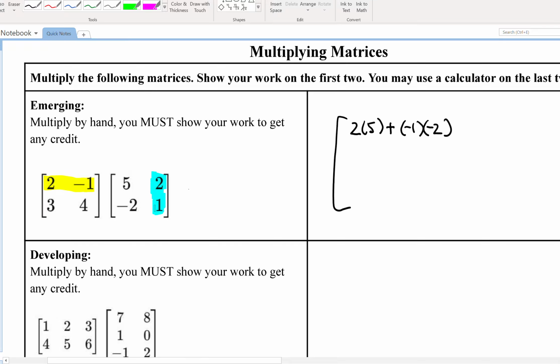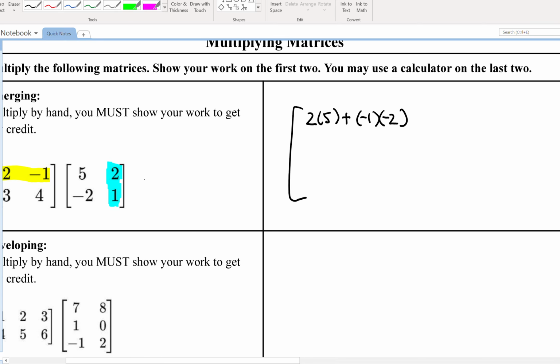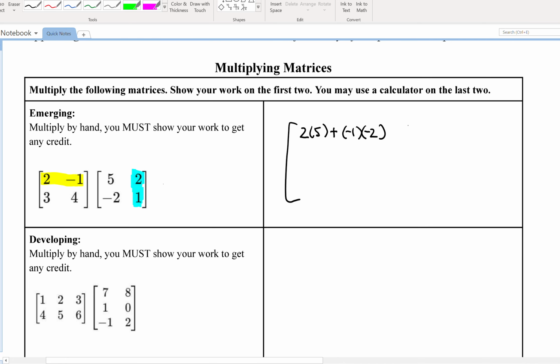So then we go for the second bit. I'm going to multiply that first row by that second column. And so over here, I would write that 2 times the 2 plus the -1 times the 1.